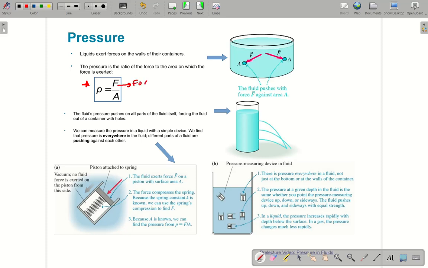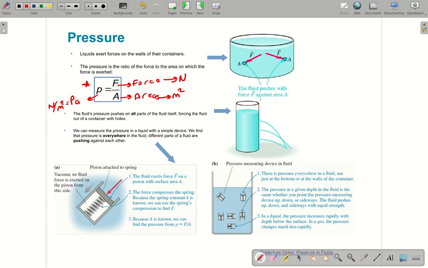We shortly touched base on this before too. So force divided by the area, that's pressure. The SI unit of force is Newton. Area is meter squared. The SI unit of pressure would be Newton per meter squared, and we call it Pascal.